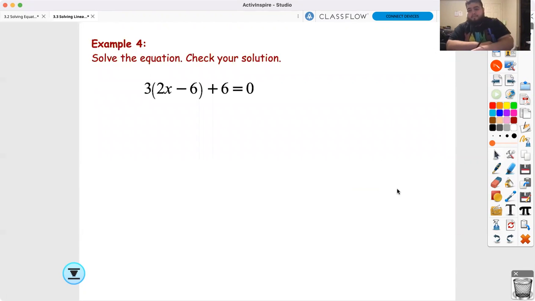Example 4. Give you guys a minute to copy this down, and then we'll get started on it.